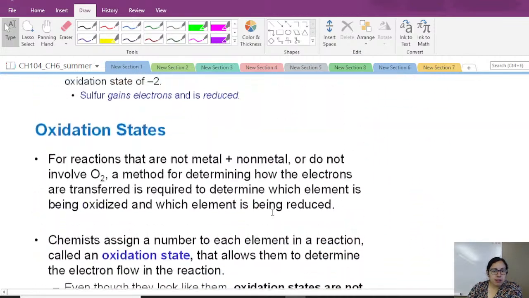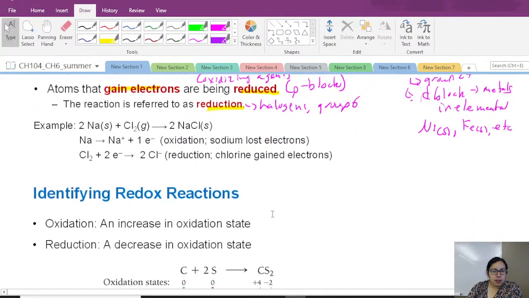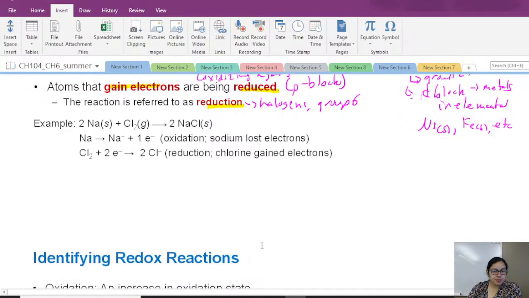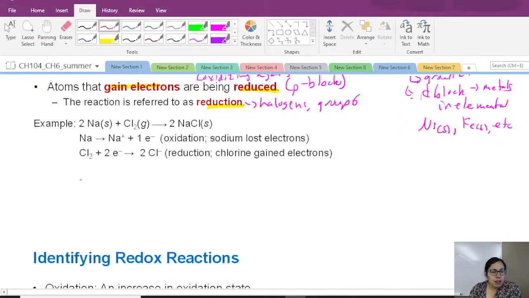So let's go back and go through how we determine whether it's a redox reaction. The first thing that we can do is look at sodium plus chlorine gas gives us sodium chloride.